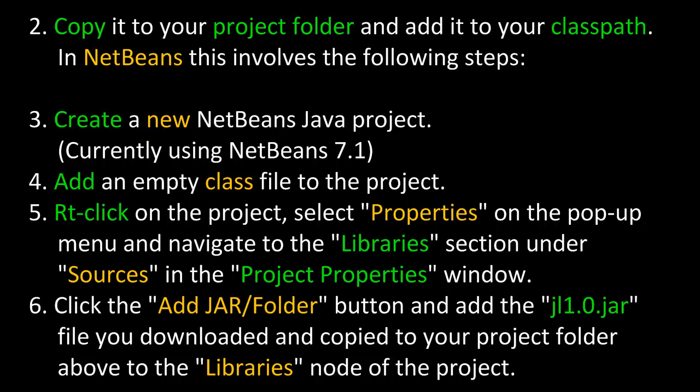I'm currently using NetBeans 7.1. Add an empty class file to the project. Right-click on the project, select Properties on the pop-up menu, and navigate to the Libraries section under Sources in the Project Properties window. Then, click the Add Jar/Folder button and add the jl1.0.jar file you downloaded and copied to your project folder above to the Libraries node of the project.